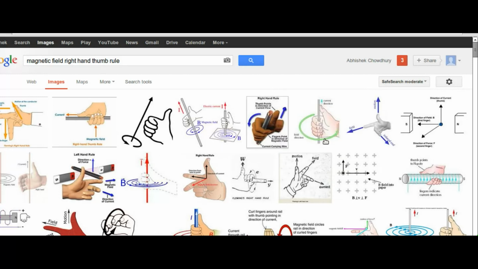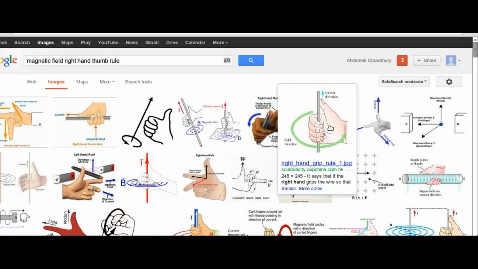So this current carrying wire will produce circular magnetic fields. The magnetic field lines will be circular, and circular can have two directions, either clockwise or anti-clockwise.